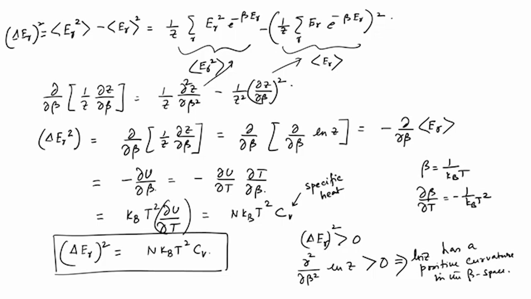So, in the inverse temperature space, log z has a positive curvature, because del 2 del beta 2 talks about the curvature of a system. All right.